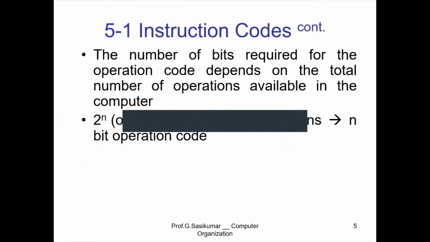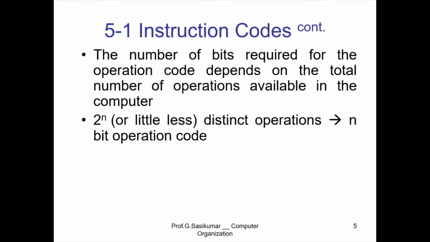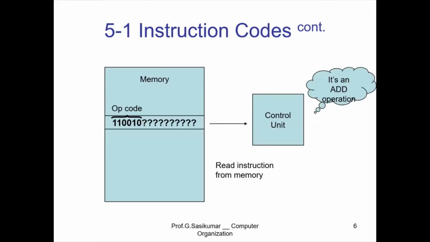When you go deeply into these instruction codes, we need the design. So where is the instruction code? In this diagram, you can easily understand. We have your memory. The computer reads instructions from memory, because everything is stored in your hard disk.